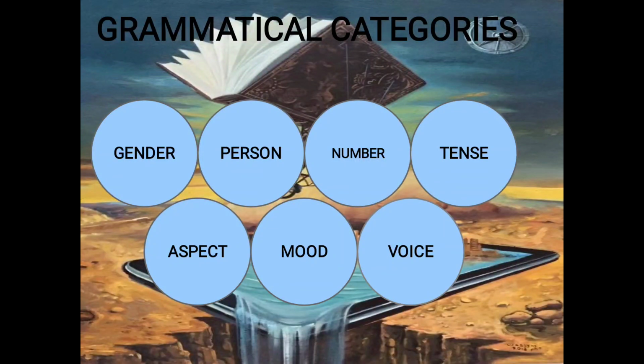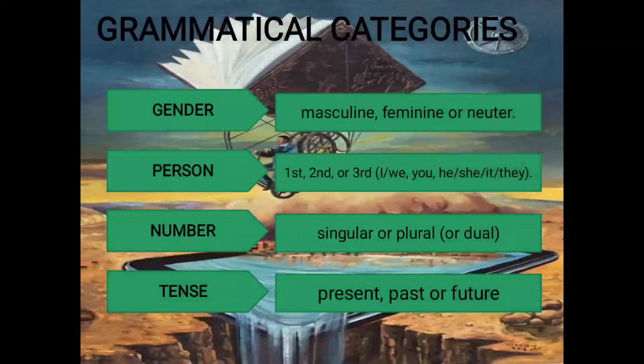Finite verbs have seven grammatical categories, named gender, person, number, tense, aspect, mood and voice. Gender: masculine, feminine or neuter. Person: first, second or third, for which we use I, we, you, he, she, it and they.